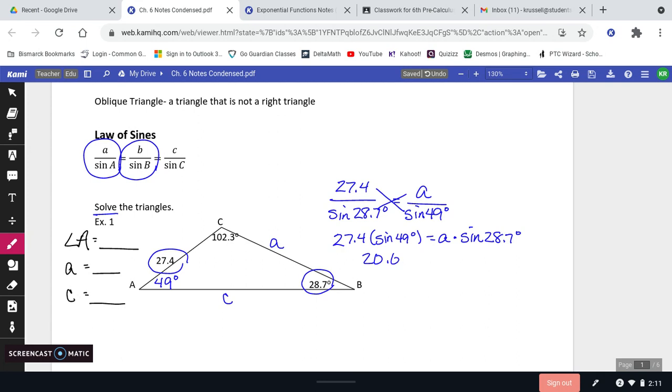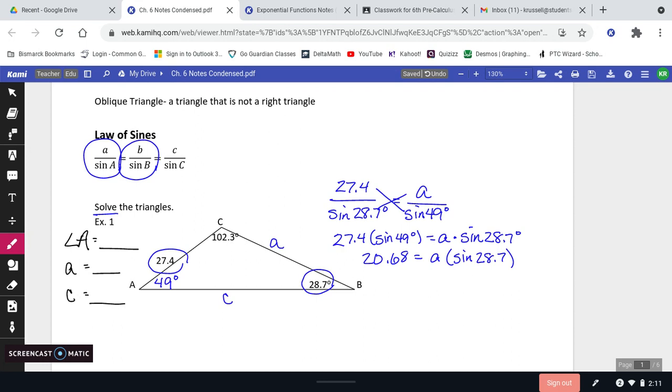Or 0.68. Now one thing you may want to do is keep all of these decimal values in your calculator so that you get an accurate measurement, and then you can round at the end. So really 27.4 times the sine of 49 degrees is 20.679.